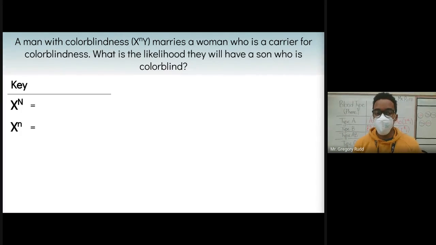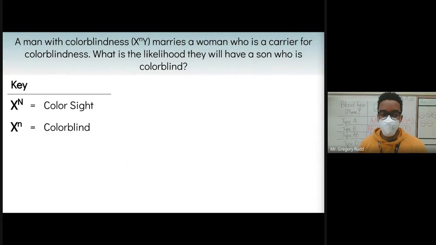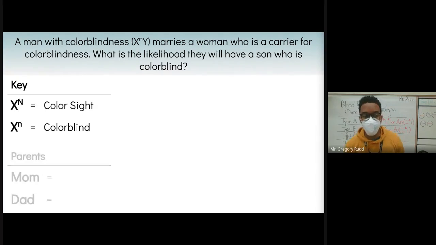Not colorblindness, because colorblindness, and I'm sorry, I should have included it in the question, it's sex-linked recessive. So the dominant allele gives you perfect color sight. You will have the ability to see colors, as most of us do. X lowercase n codes for colorblindness. It's the recessive allele.